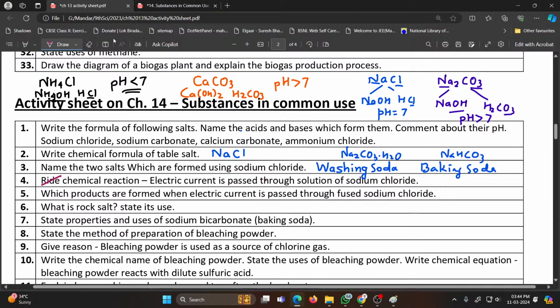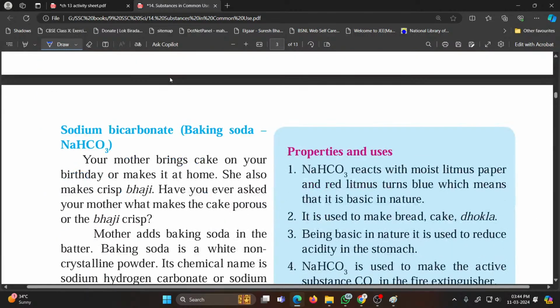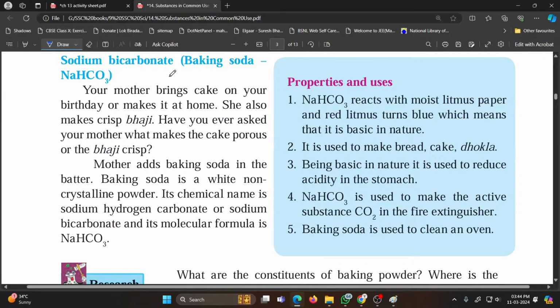State the properties and uses of sodium bicarbonate, that is baking soda.